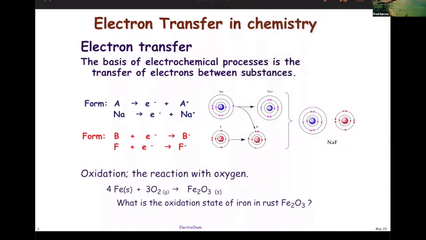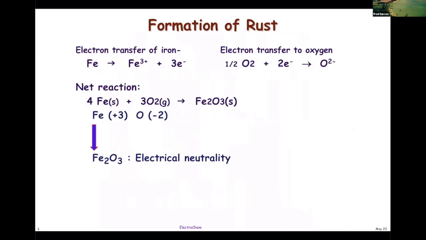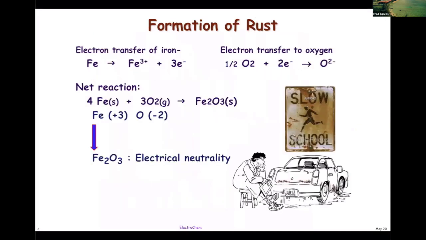Another classic example of oxidation-reduction is the rusting of iron. When iron reacts with oxygen, it forms iron oxide. That simply is rust. If you can make that transfer occur through an external circuit, then you can actually get electricity.